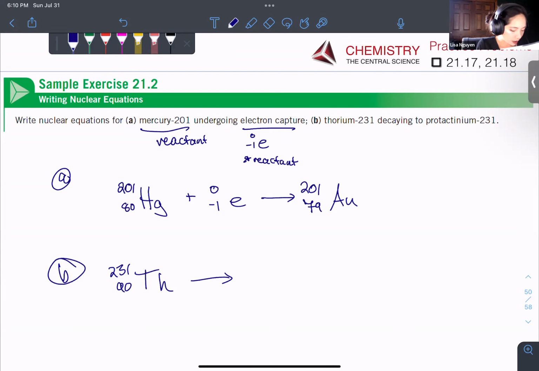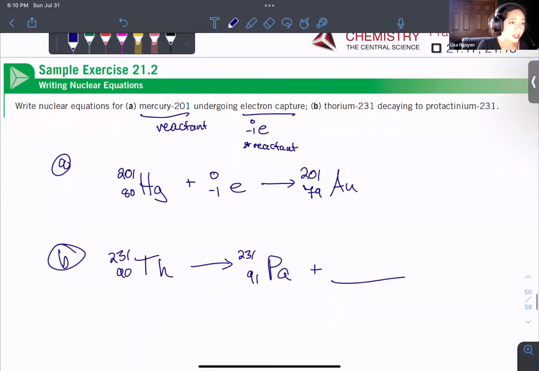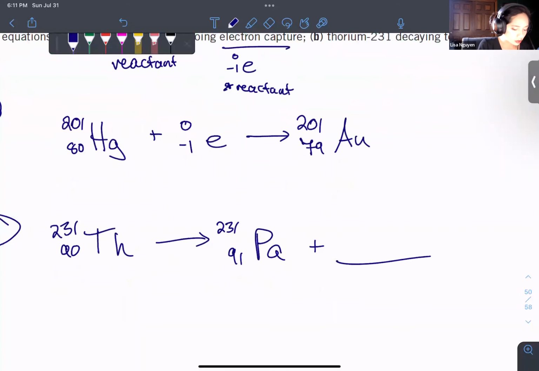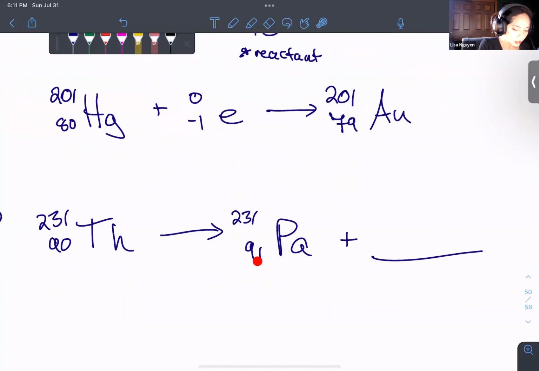So I need to figure out where that is on the periodic table. That is element number 91 with the symbol Pa, and it is decaying to protactinium-231. And so we just need to figure out what that missing piece is that would give us balanced numbers. When I look here, what's different is the number of protons.